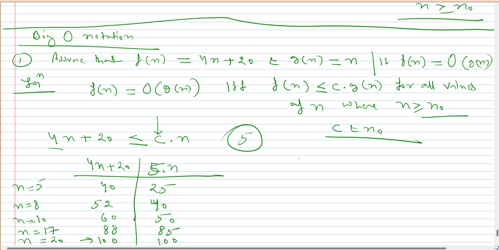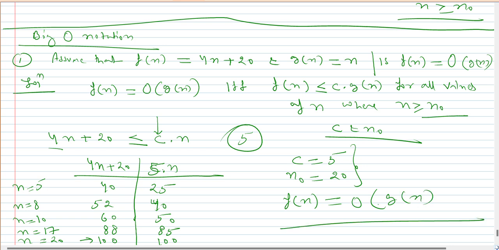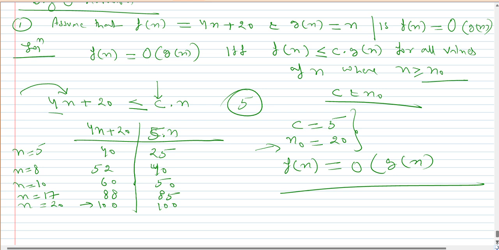So we can say that for C is equal to 5 and n naught is equal to 20, our function f(n) is equal to big O of g(n). For every value greater than or equal to n naught, this inequality holds. Now let's see another example.